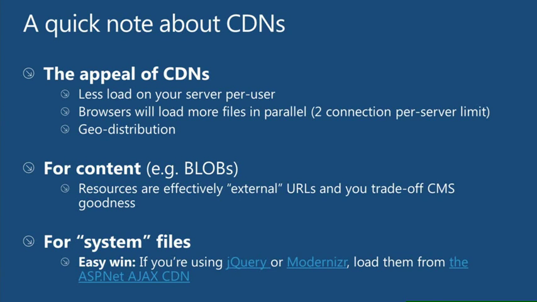Something like MSDN subscriber downloads would use that. Or even something like Ferrari.com may use an external content delivery network. But then on the other end of the scale, you've got very small content delivery networks which could indeed be installed on the web servers themselves.